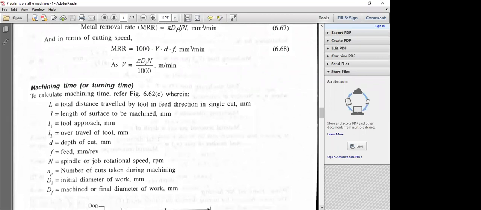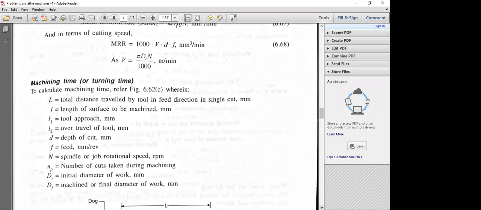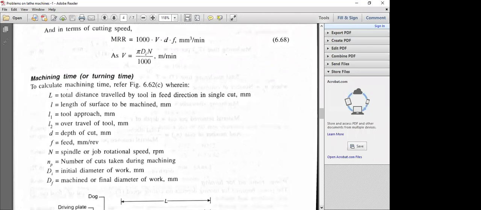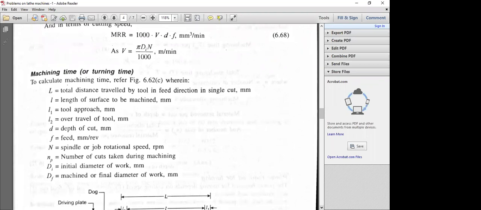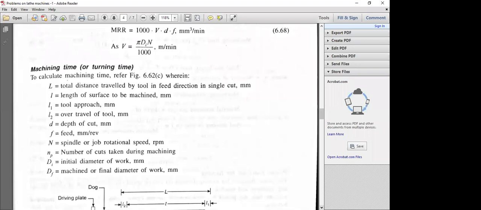During machining also you have to go for over travel and again start the next pass, because the material cannot be removed in a single pass. D is the depth of cut, F is the feed in mm per revolution, N is the spindle or job rotational speed, because the job is held in the three-jaw chuck, which is part of the spindle.